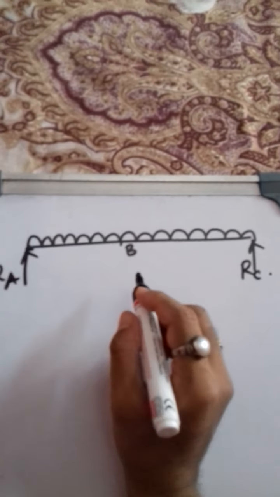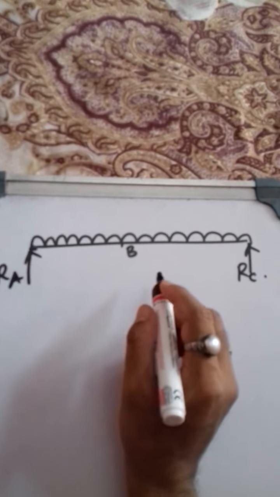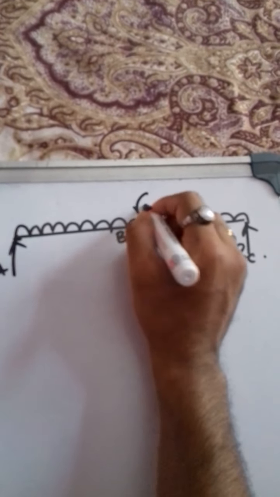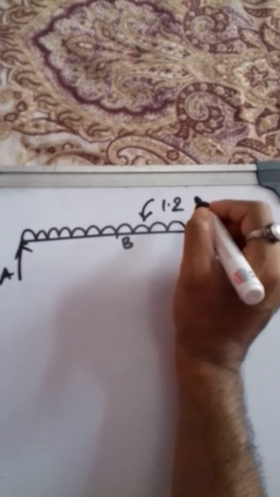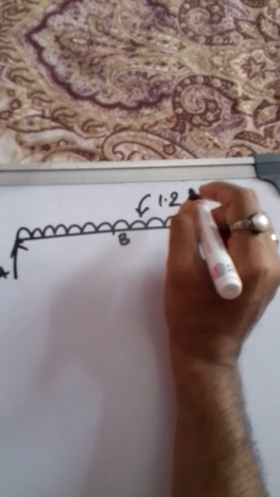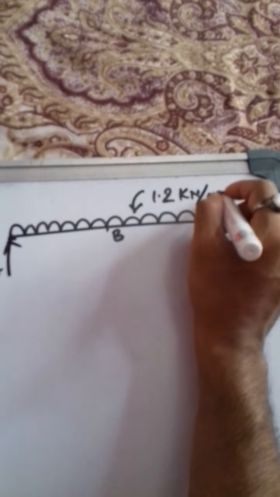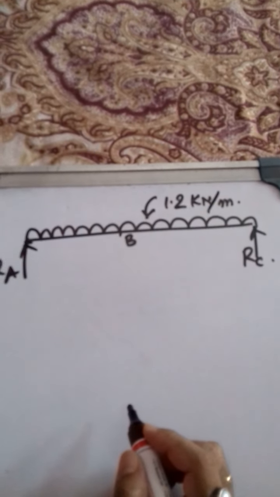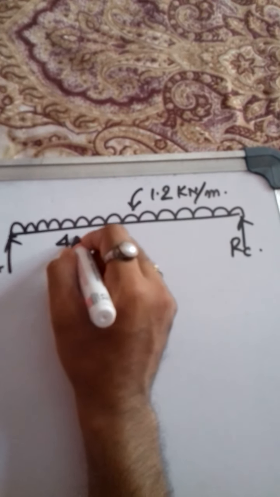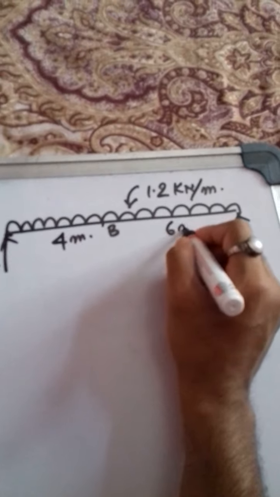Okay, now the magnitude was very less, as I had mentioned that you don't need a support at B for the safety and stability of the structure. The magnitude was 1.2 kilonewton per meter, and suppose it is 4 meter, it is 6 meter.